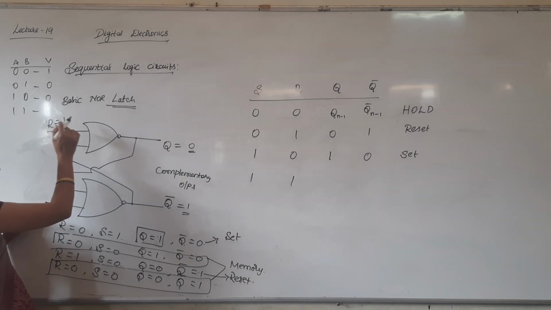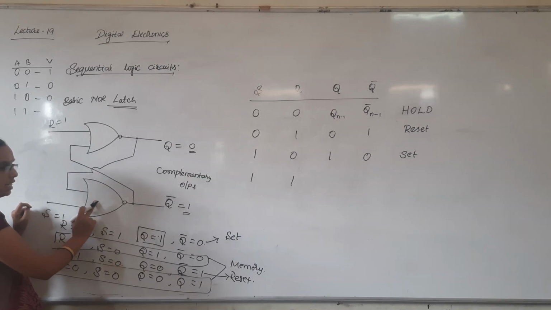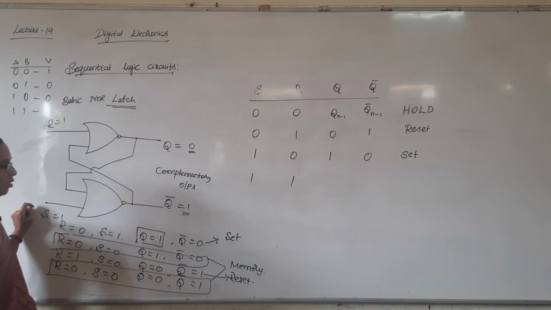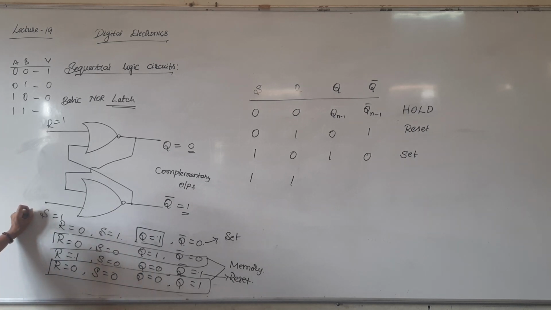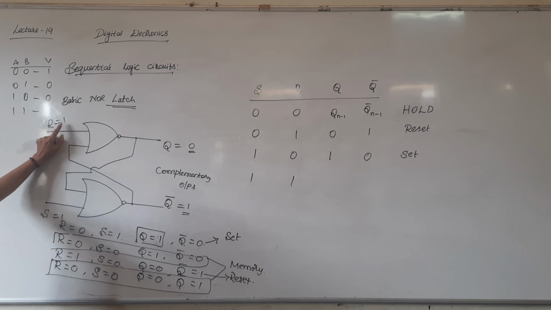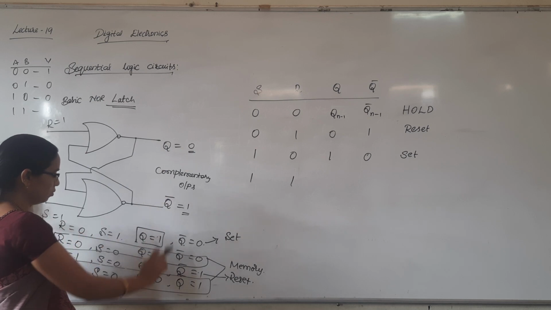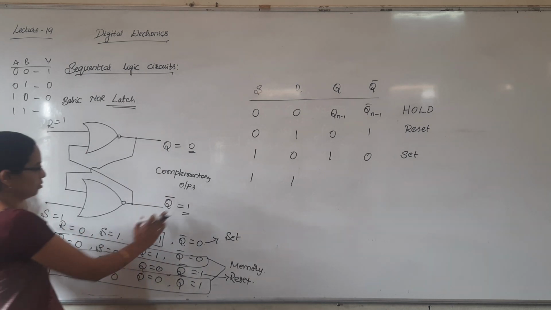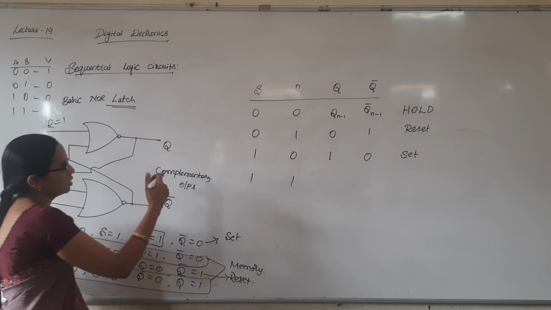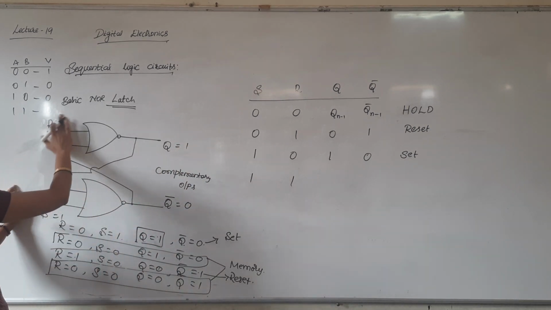If I analyze this gate first, when R is equal to 1, S is equal to 1, previously it was 1 and 0. Assume this is in the set state, I will take this as 0 and this as 1 only.